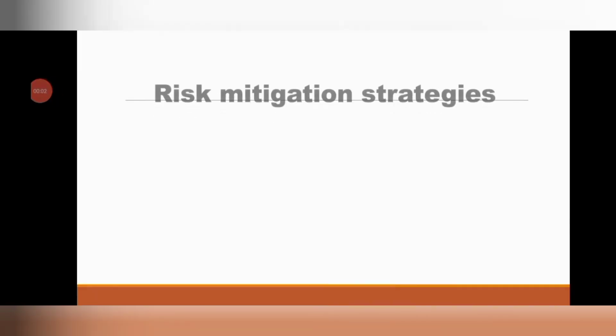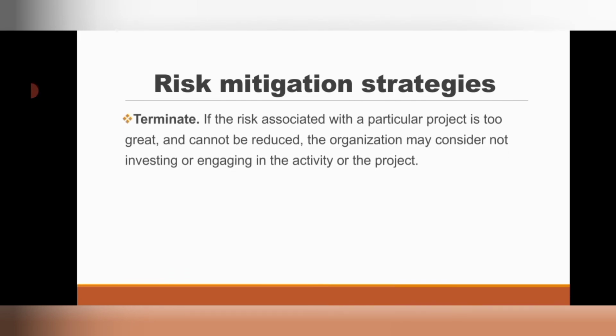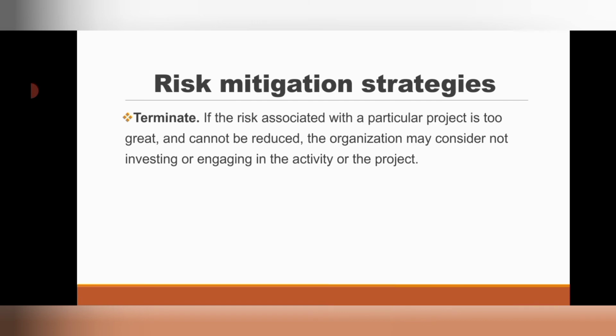The next mitigating strategy that we want to look at is terminate. The terminate option becomes available when the probability of the risk occurring is too high, to the point that its consequences cannot be reduced.